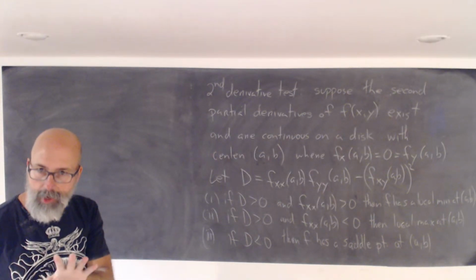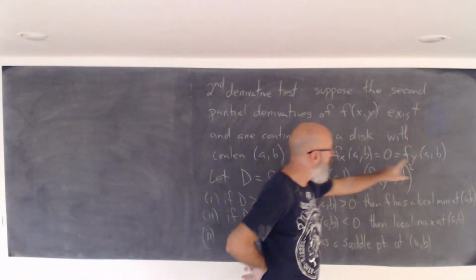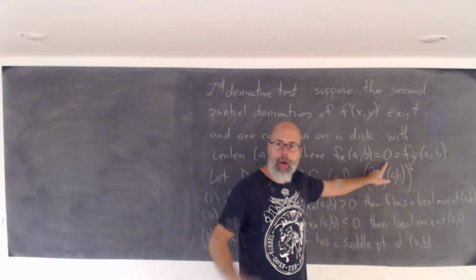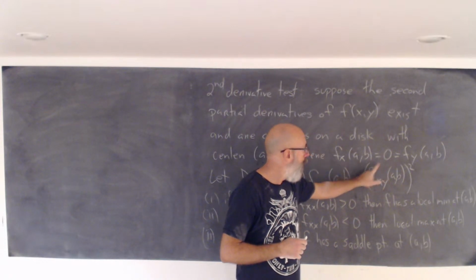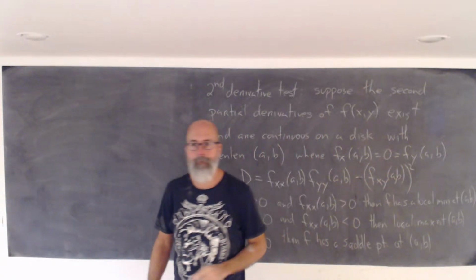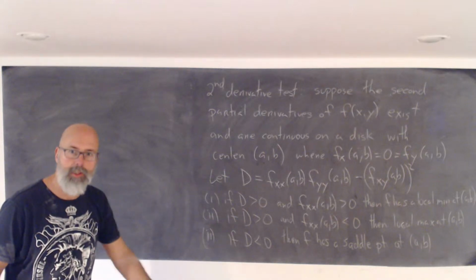The book doesn't make that distinction. So AB is a critical point, but a special kind of critical point where the partial derivatives are equal to 0. So we have to make that distinction.